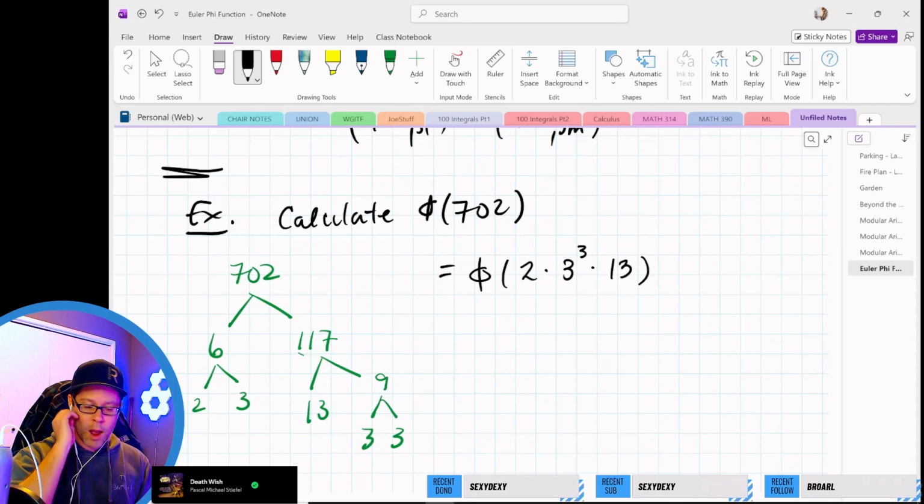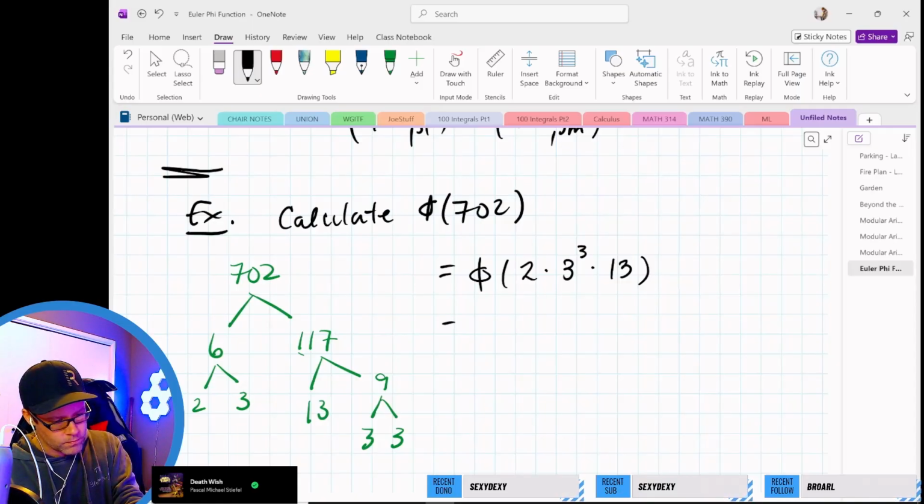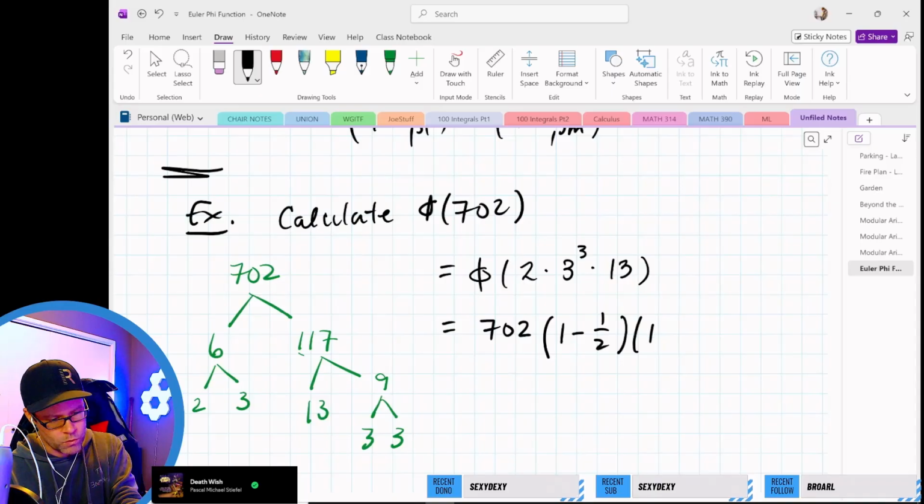So let's look at the prime power decomposition of 702. I think I captured everything. And so we get 702 times (1 minus 1/2) times (1 minus 1/3) times (1 minus 1/13).